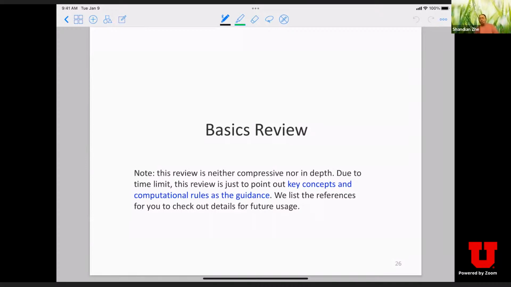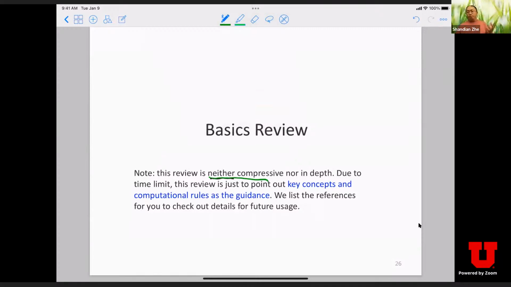Okay? But again, because of the time limit, this review cannot be, sorry, let me use another color, comprehensive or in-depth. We just want to give you an important introduction to those key concepts, right?